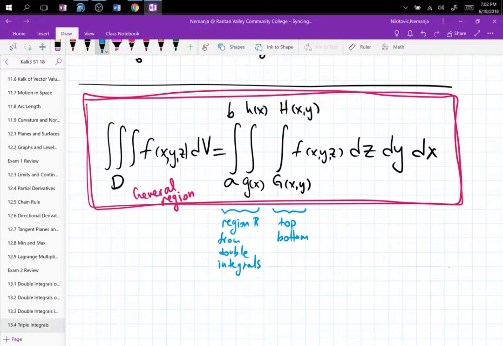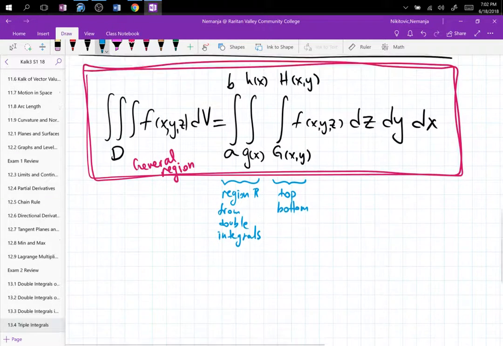So, what are we doing? Well, we are just upgrading and allowing for more freedom in shapes that we can work on.